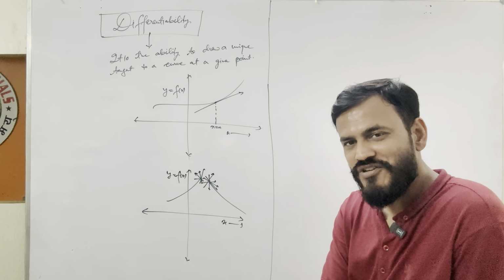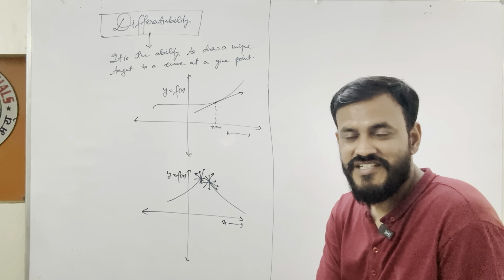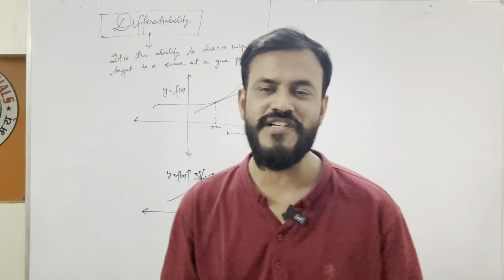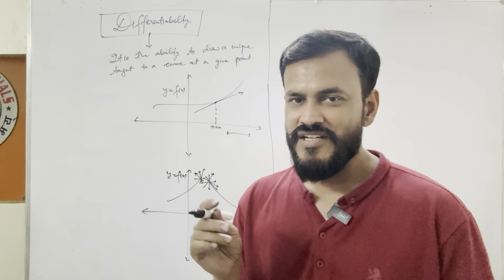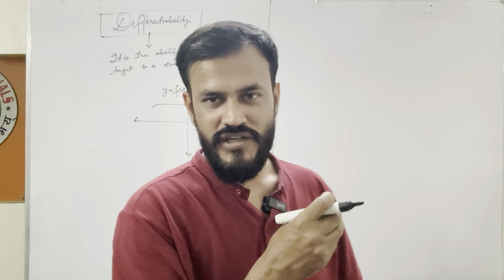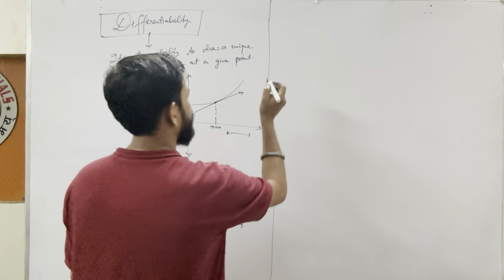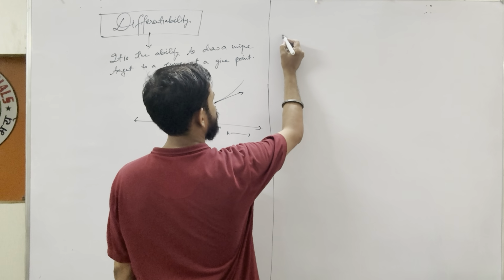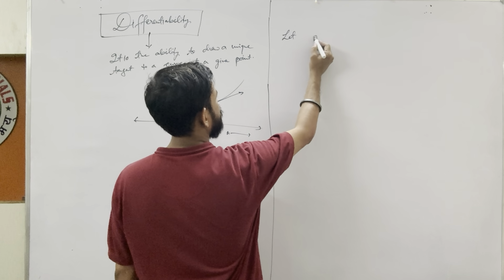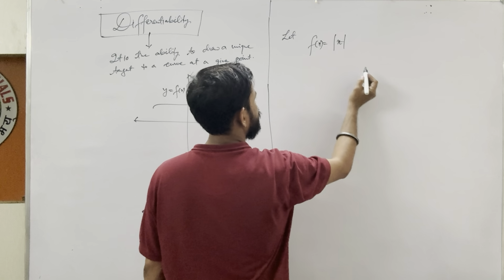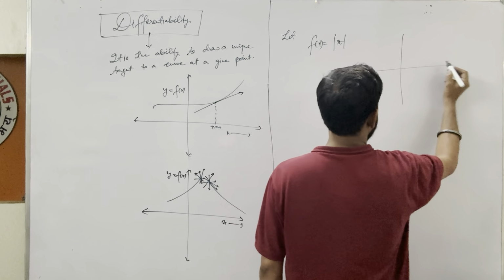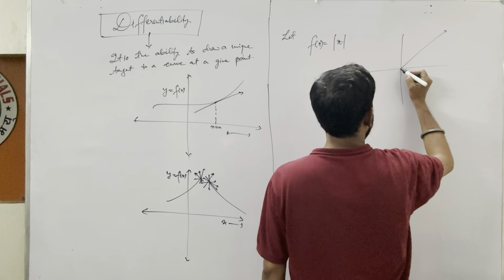But if the function is continuous, is it also always differentiable? The answer is no. Let us look at an important function, the modulus function. Let f(x) equal to mod x. Now the graph for this function looks like this, a V graph.